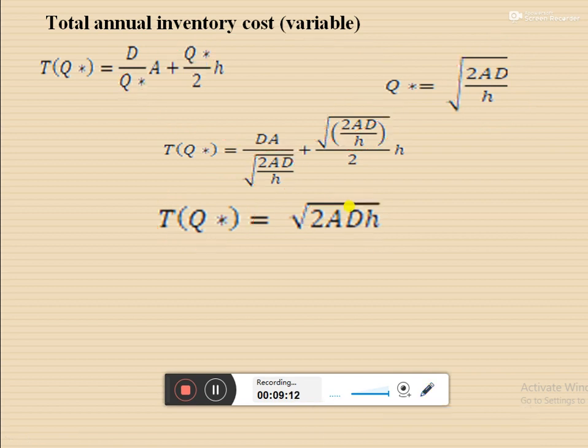To solve the problems related with inventory management in a simpler and faster way, we should keep in mind these formulas. That would save our time in solving these problems.